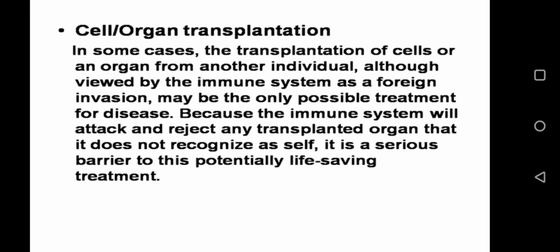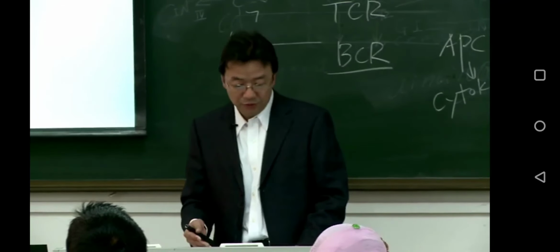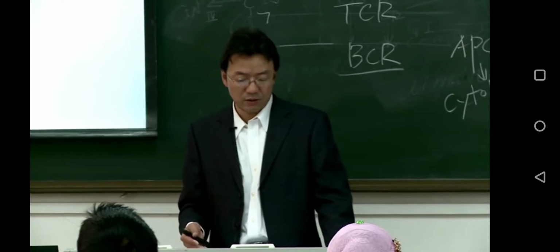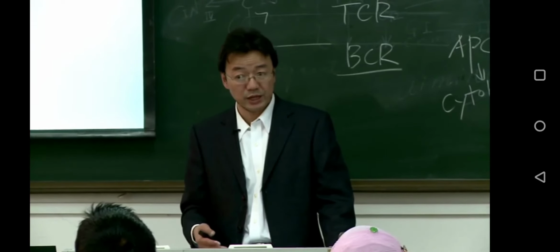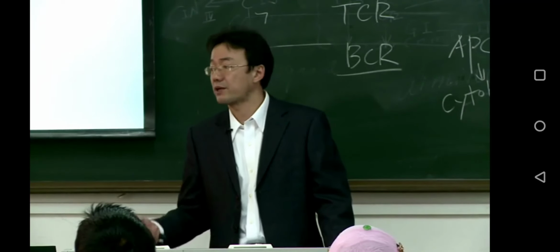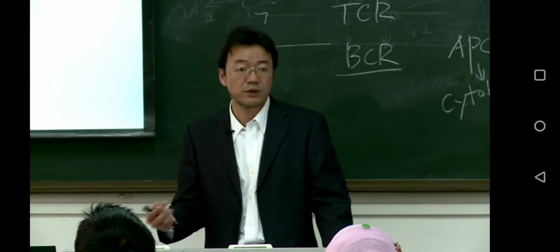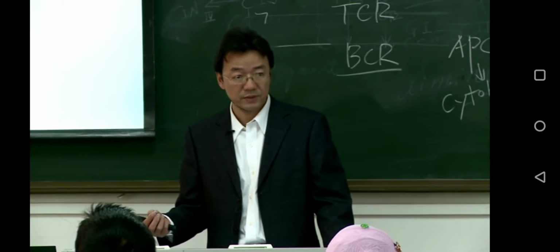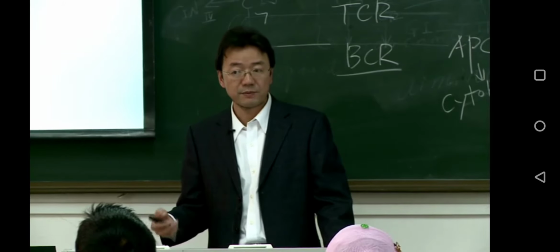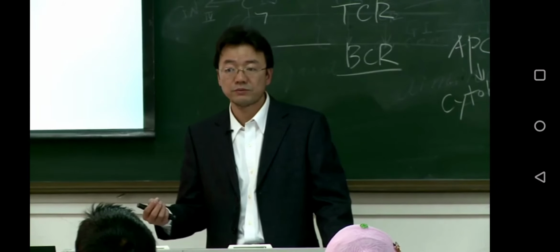And cell or organ transplantation. In some cases, there is transplantation of a cell or an organ from another individual. So before we perform the cell or organ transplantation, you need to check, for example for blood transfusion, the ABO blood type. Does everybody know your own blood type?